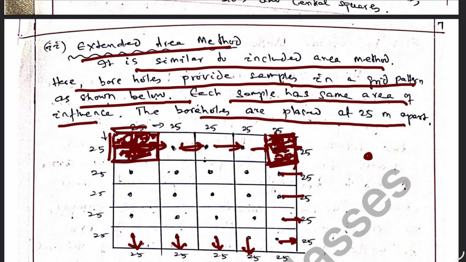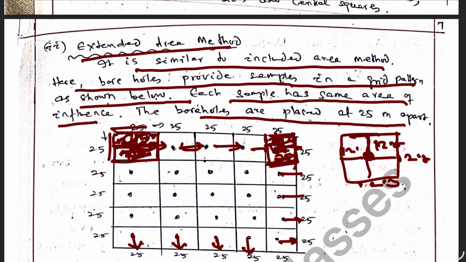The sample is here. So its area of influence is 12.5, 12.5, 12.5, 12.5. So in this block, this sample presents the uniform quality in the entire block.